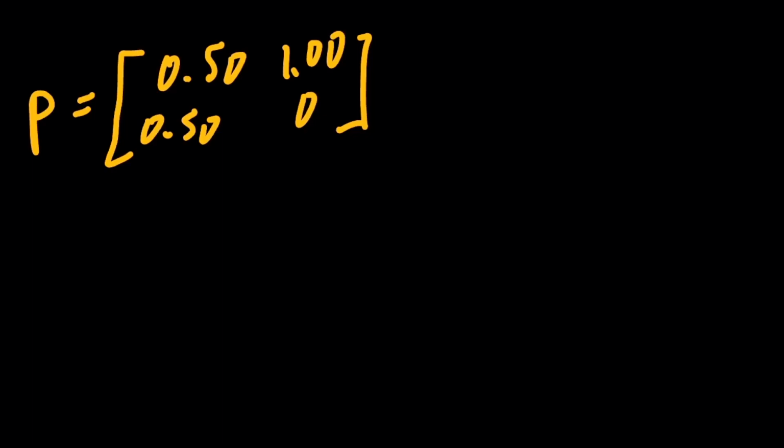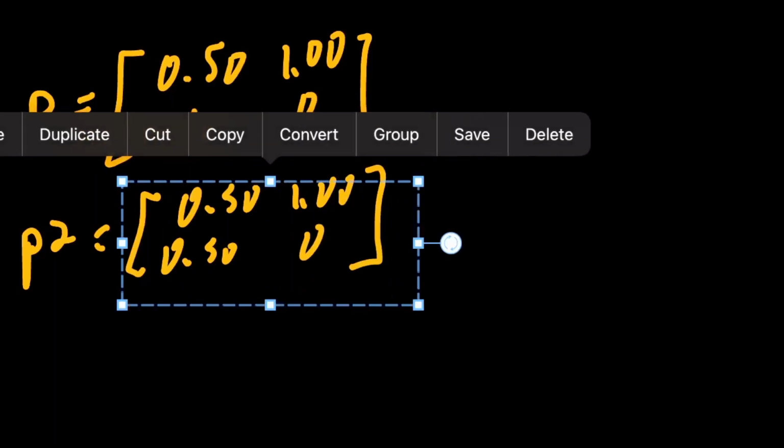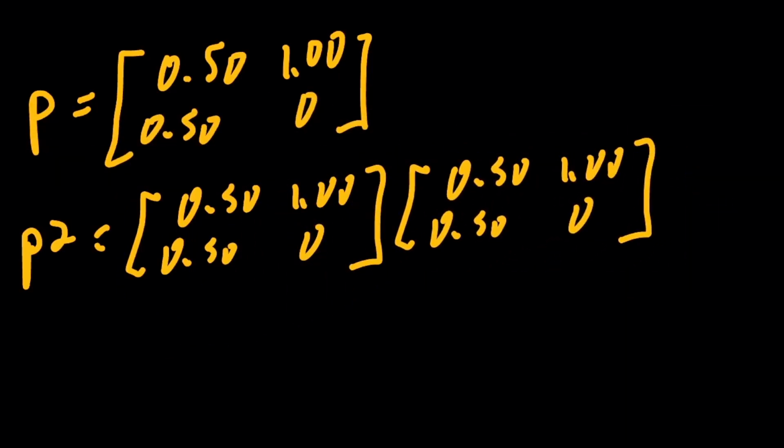Well, what we want is for every power of P, each entry to be a positive non-zero number. So P squared is just going to be 0.50, 0.50, 1.00, and we're going to duplicate this because that's what it means to square the matrix.